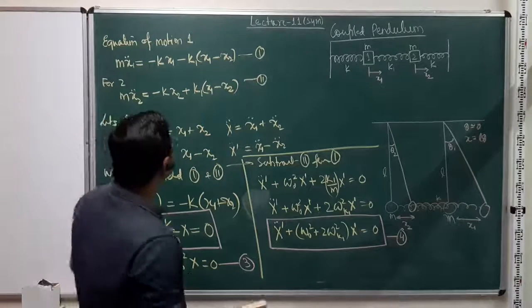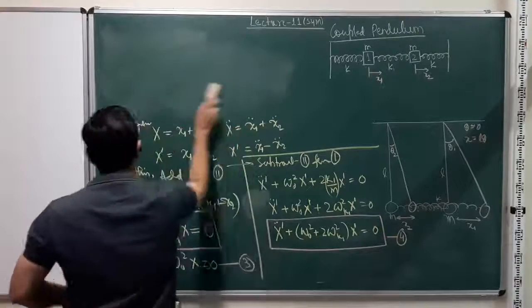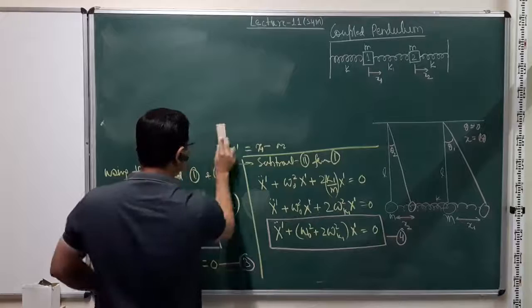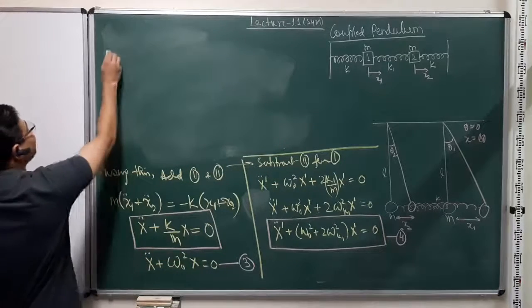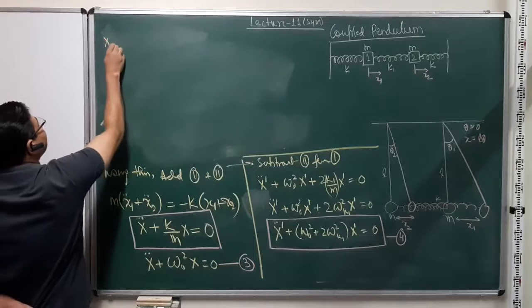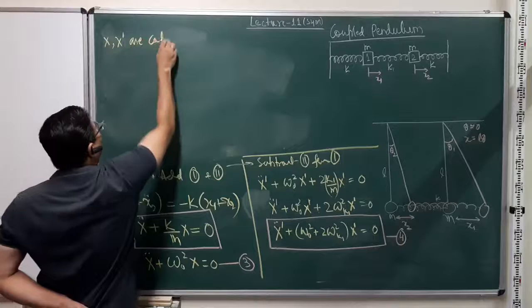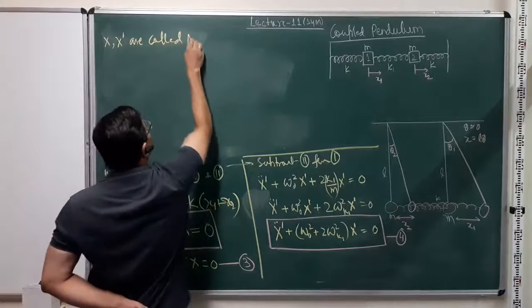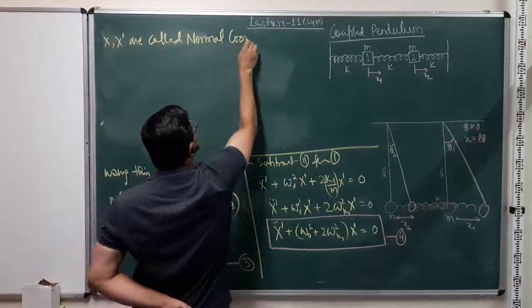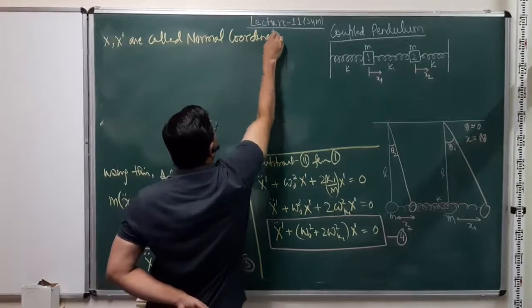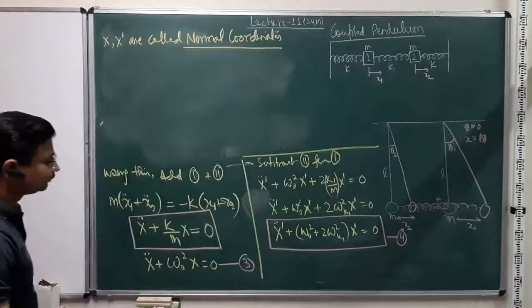And okay, so these variables X and X prime are called normal coordinates for these coupled systems.